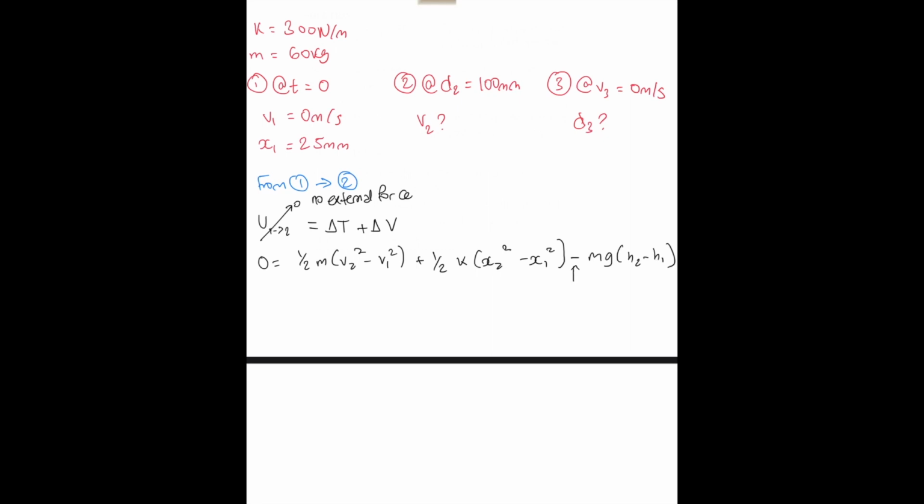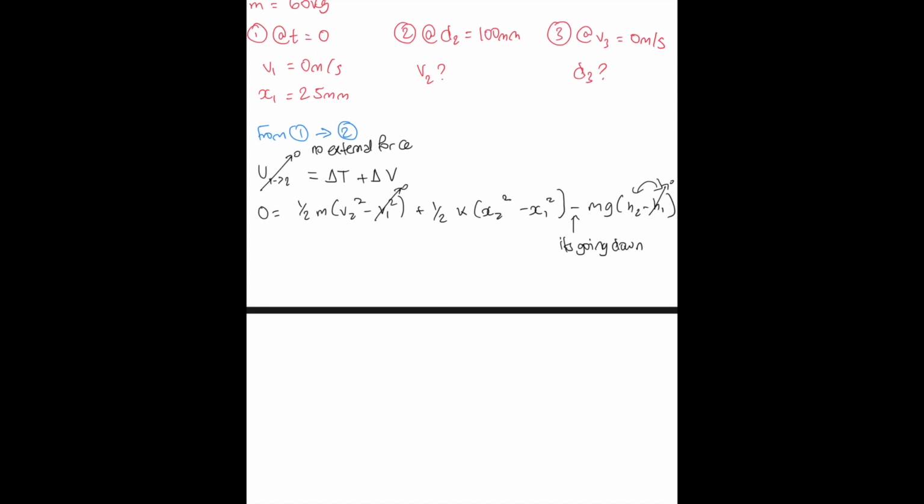And here I'm making it negative because it's going down. You can make it positive and then switch those two, but it's however you prefer. We know that our v1 is equal to 0, and we know our h1 is also equal to 0.